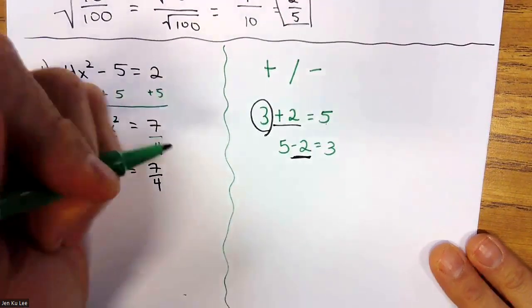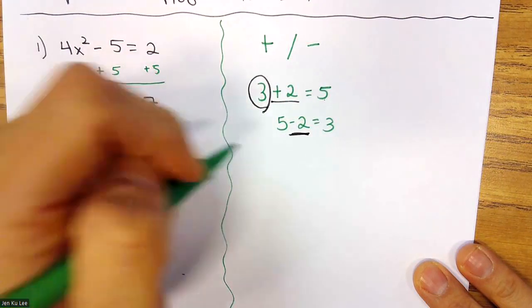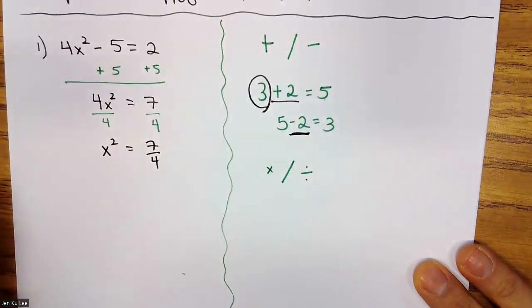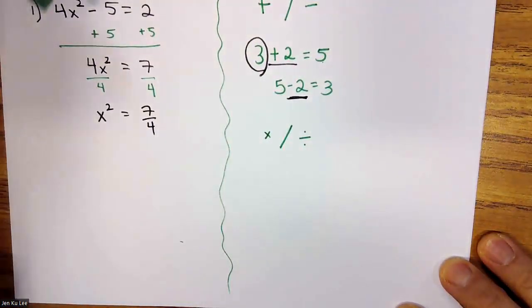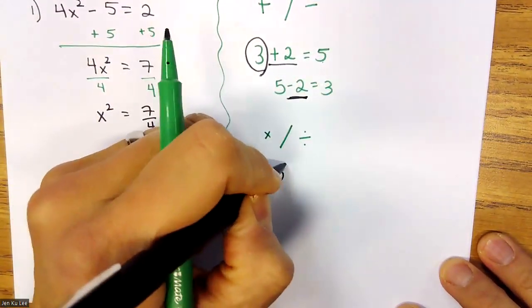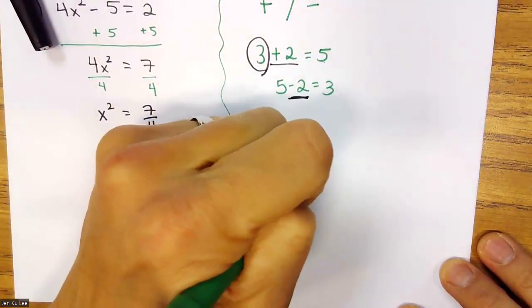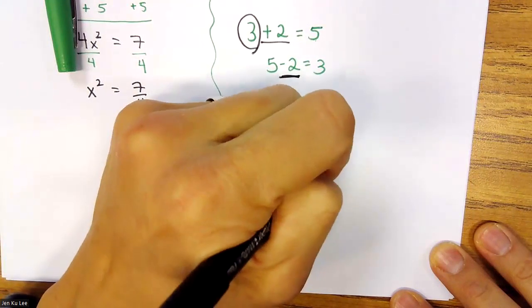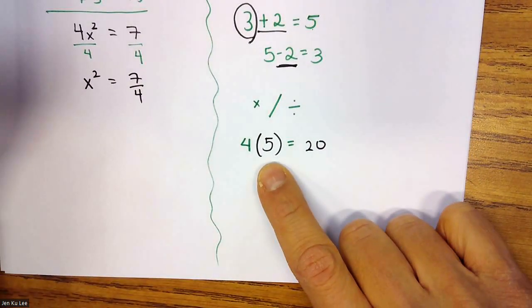Same thing goes for multiplication and division. Okay, so if I multiply 5 by 4, I get 4 times 5, which is 20, right? I started off with 5, correct?